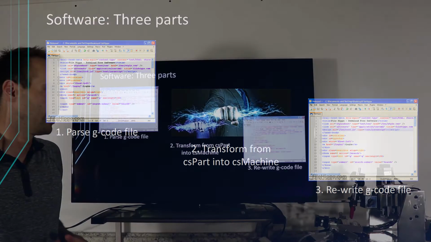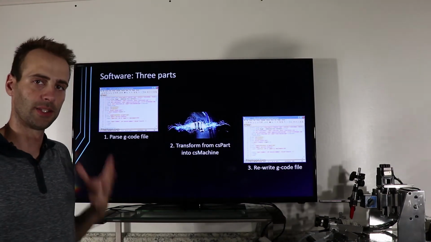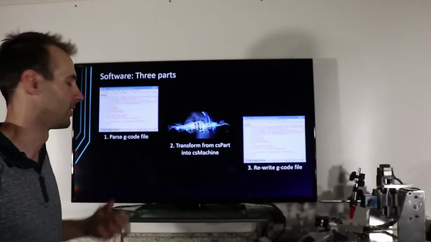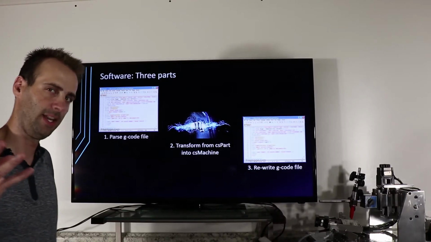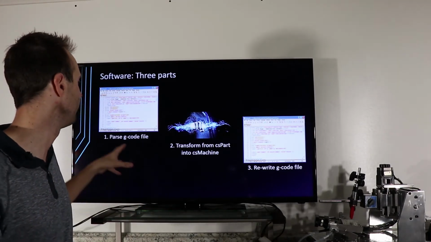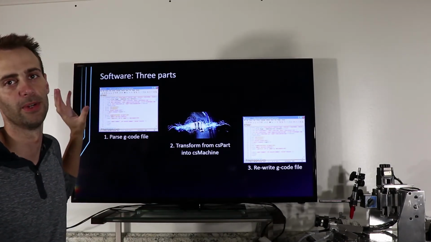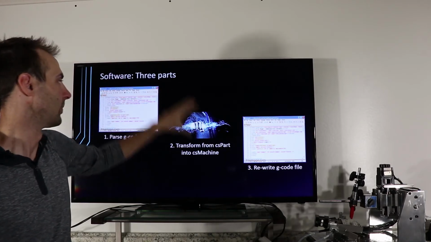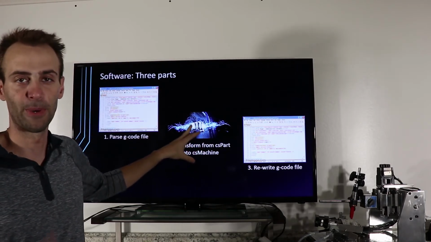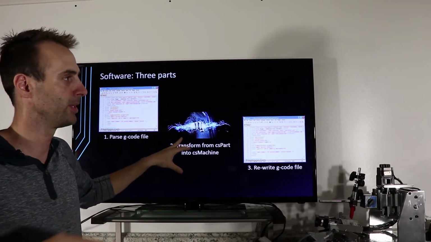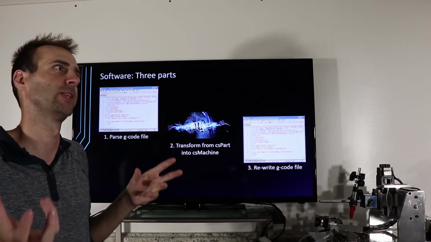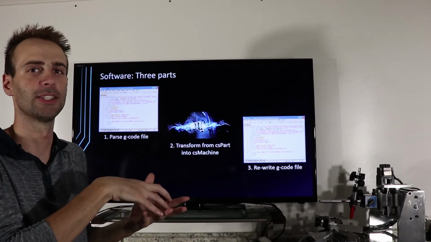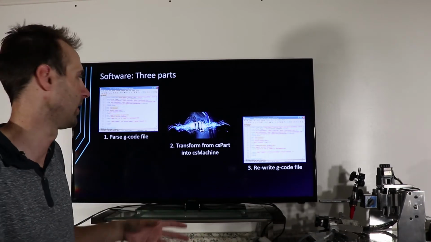So the software is going to have 3 parts. Actually 4, but 3 main parts in the software. And it's really simple. We're going to read the old one. We're going to transform it from part coordinates into machine coordinates. And when I say machine coordinates, it's actually axis instructions per axis, right?